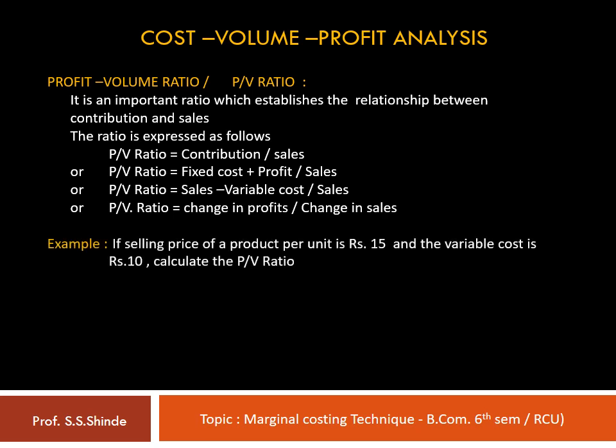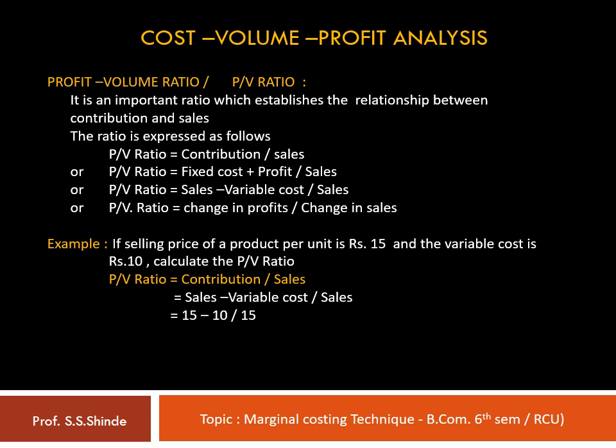For example, if the selling price of a product per unit is rupees 15 and the variable cost is rupees 10, then we calculate the PV ratio as under. Based on the variables that are given, we make use of the equation PV ratio is equal to contribution upon sales. So we can also rewrite this as PV ratio is equal to sales minus variable cost divided by sales.